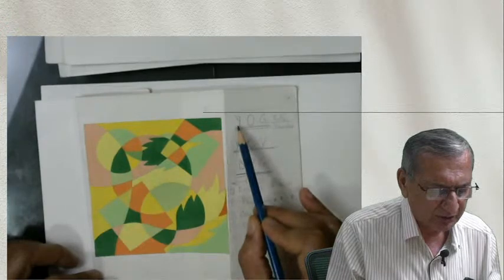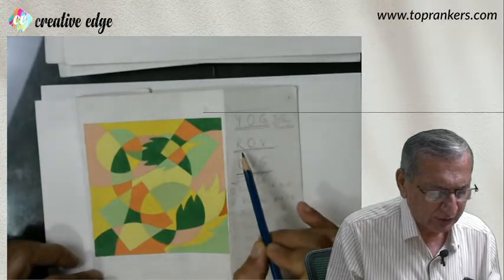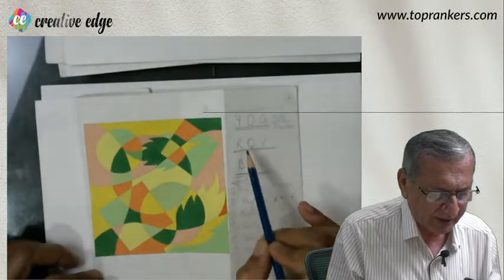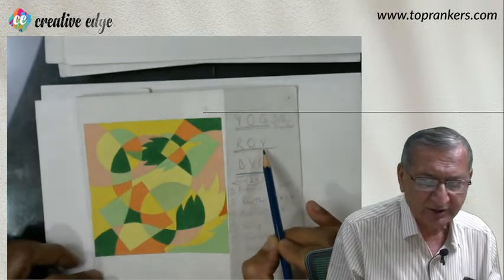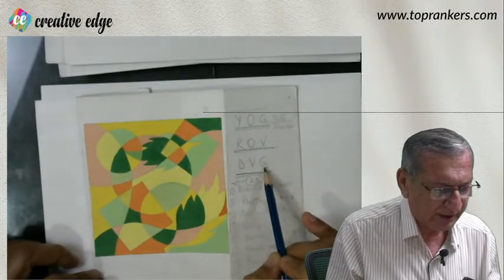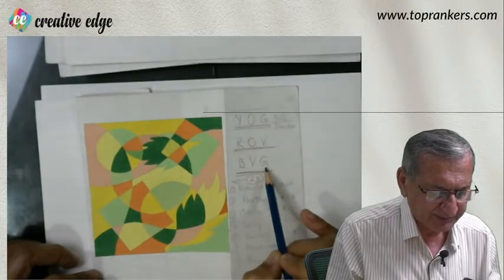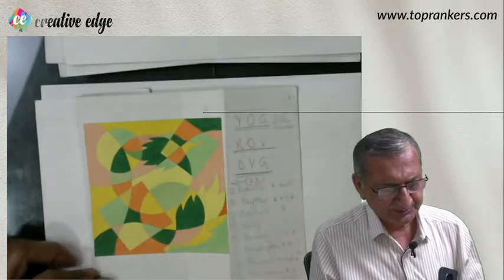Either you use yellow, orange, green, or you use red, orange, violet, because red is present in orange and violet, or you use blue, violet and green. Blue is present in violet, also in green, and their tints and shades.